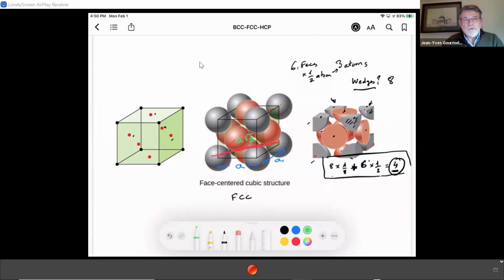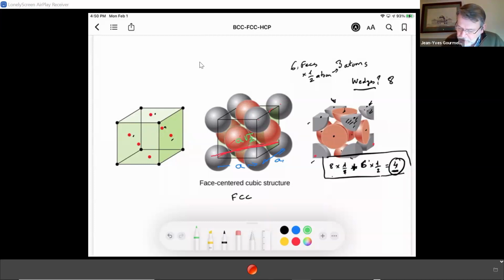They're all going to follow this structure. X-rays tell us that. This means, folks, that on the face diagonal, A root 2 is always going to be 4 radiuses.